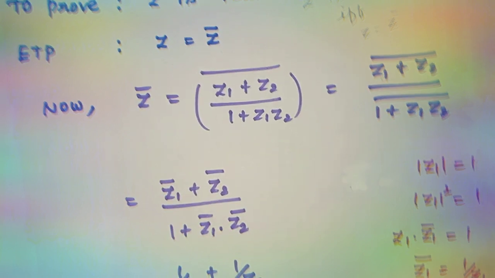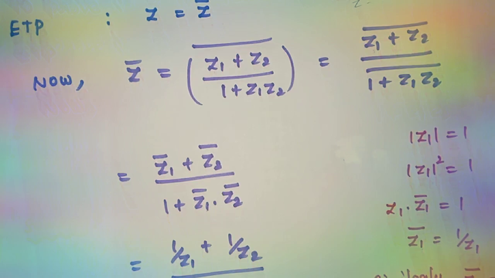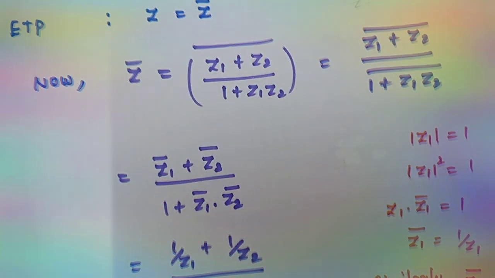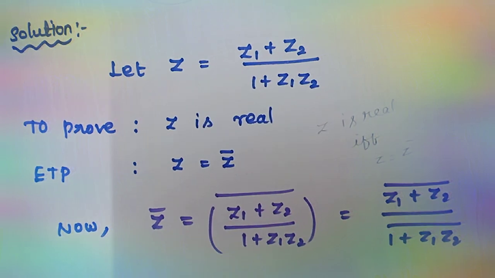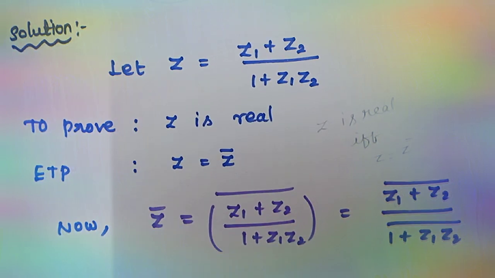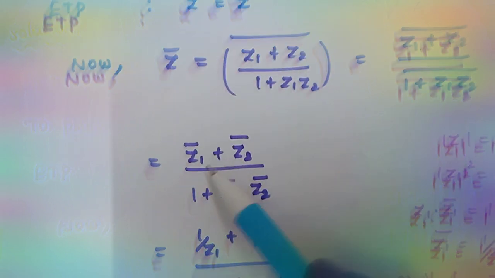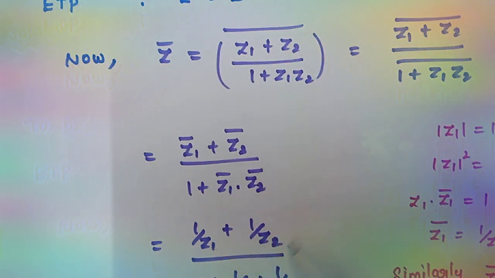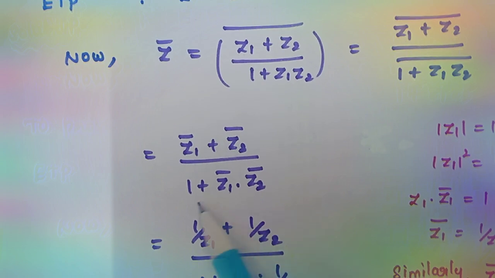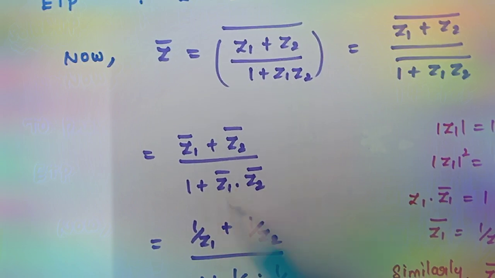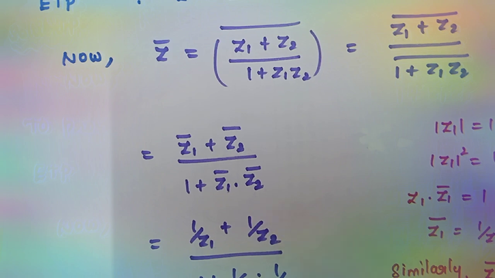Similarly we can write z2 bar equals 1 by z2. So z1 bar equals 1 by z1, z2 bar equals 1 by z2. Here 1 plus z1 bar z2 bar means 1 plus 1 by z1 into 1 by z2.